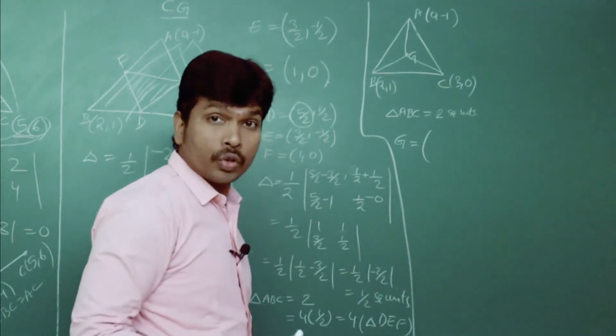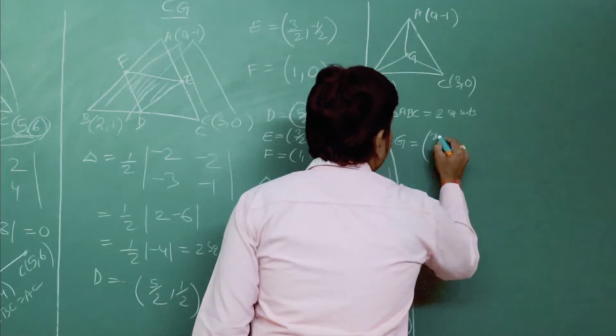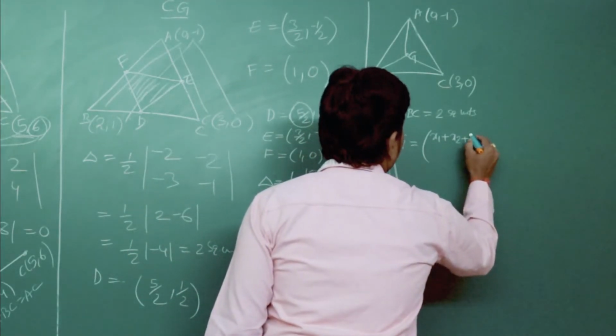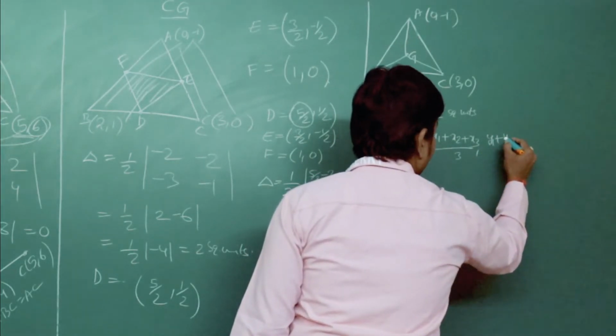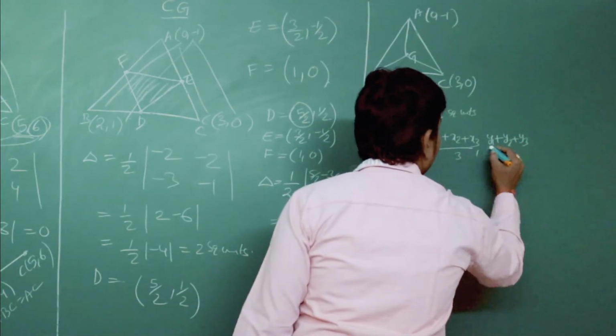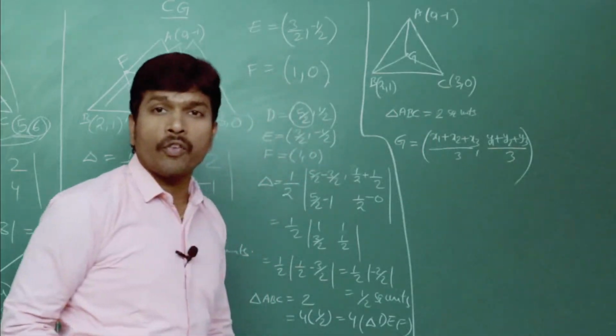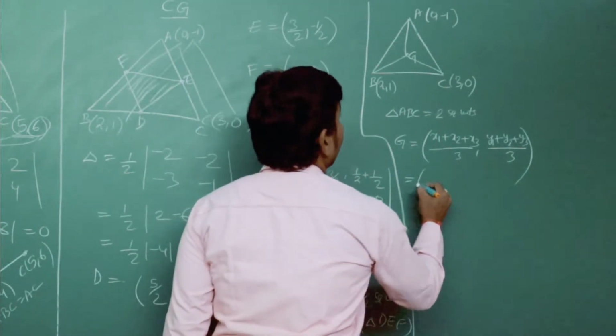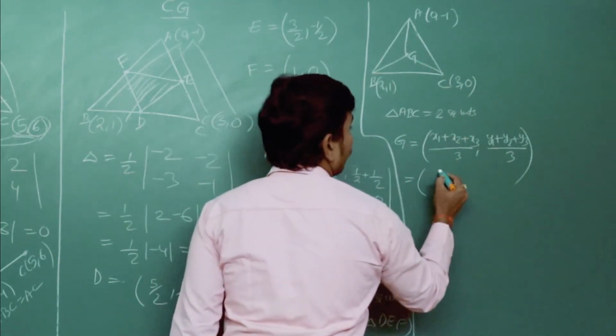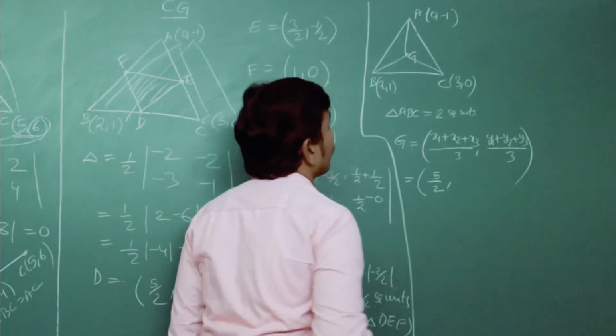G is equal to, do you know the formula? It is x1 plus x2 plus x3 by 3, comma, y1 plus y2 plus y3 by 3. This is the formula for the centroid of triangle ABC. Now you find out the value. 0 plus 2 plus 3, 5 by 3. Directly I am writing.